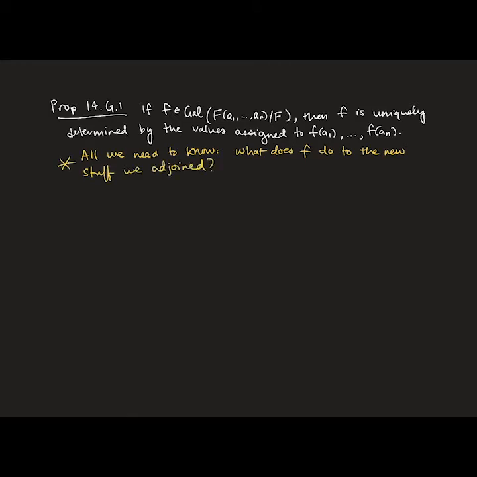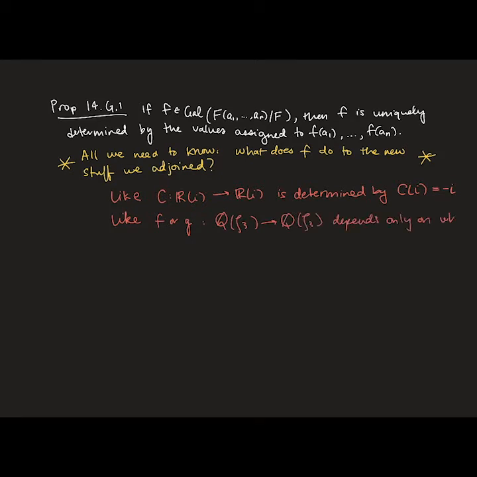And that's pretty good news because that gives us a way to understand our automorphisms, like our conjugation automorphism, right? We adjoined i, and all we needed to know was that C of i was negative i. And in our last example, Q adjoin zeta 3, our automorphisms depend only on where zeta 3 gets sent.